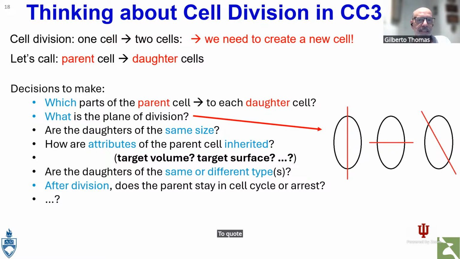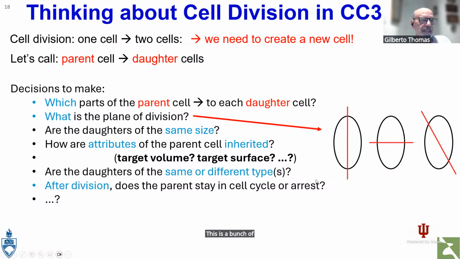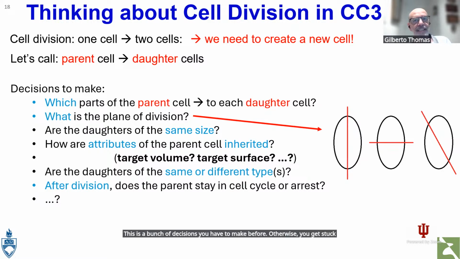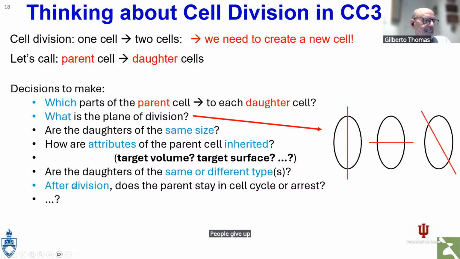After you have this pseudocode, with this, okay, I want my code to do that. The cell is like that. I will have division, and so on. Then start to code. This is a bunch of the decisions you have to make before. Otherwise, you get stuck, and as he said today, people give up coding.